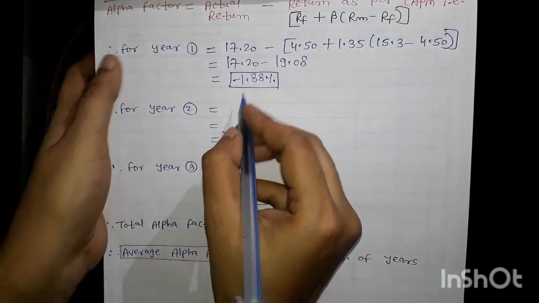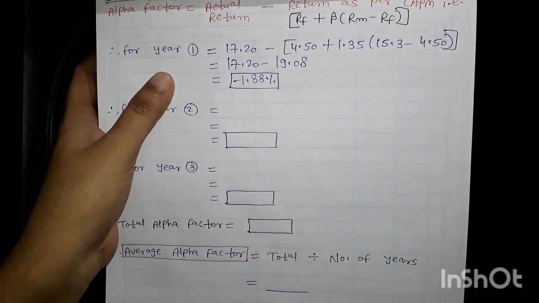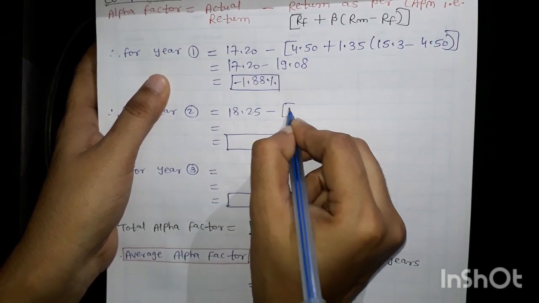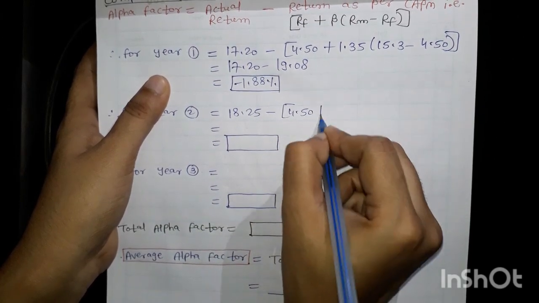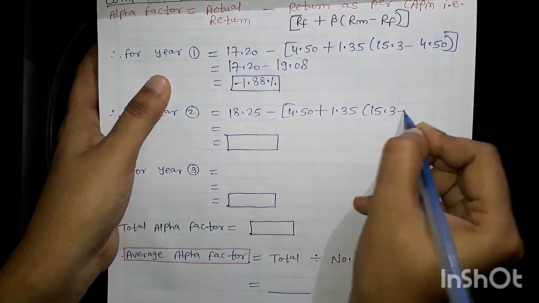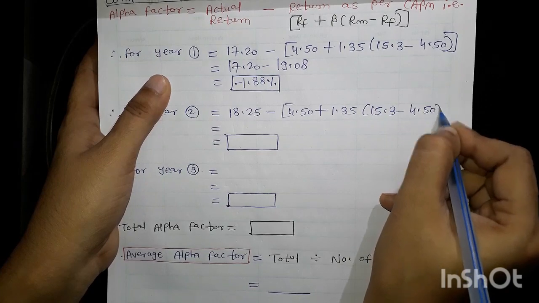Okay, now next year, that is 18.25, the actual return, minus RF plus beta, RM minus RF.